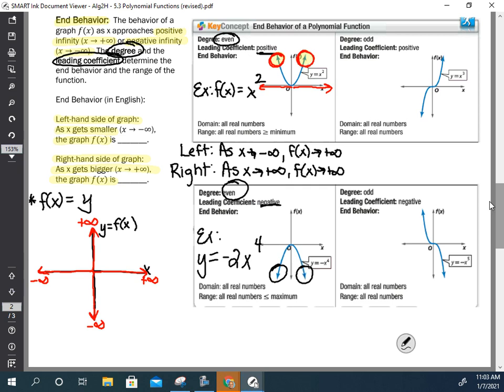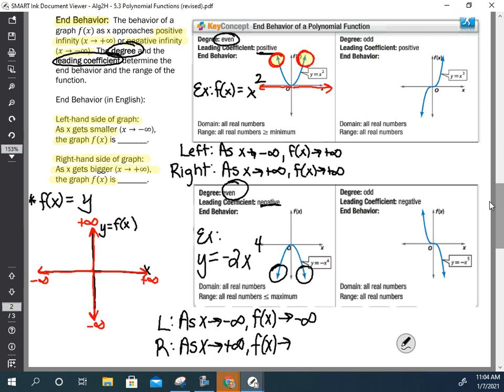They're both pointing down. So on the left-hand side, as x goes to negative infinity, f of x is also going to negative infinity. On the right-hand side, as x goes to positive infinity, f of x is also going to be negative infinity.